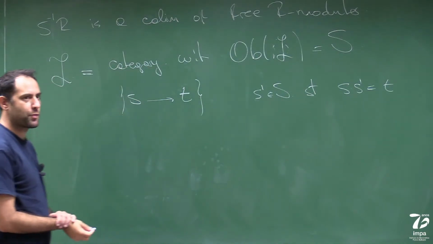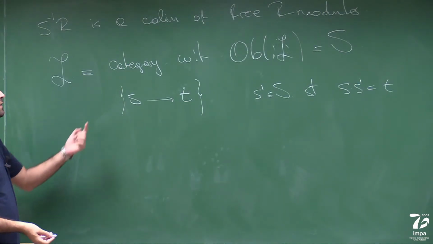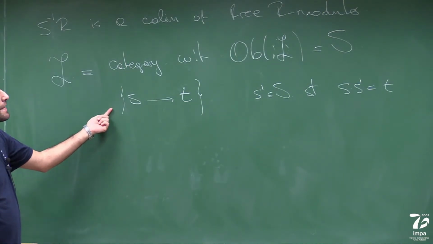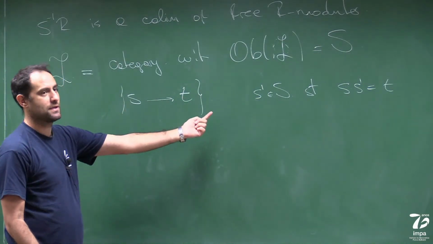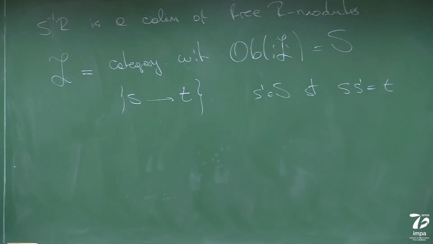Whenever you have an s prime that satisfies that, you say that's a morphism from s to t. So now, of course, this is a category. The identity morphism is just the identity in the ring R. Actually, that's tricky. Do I want to put them in R or do I want to put them in S?